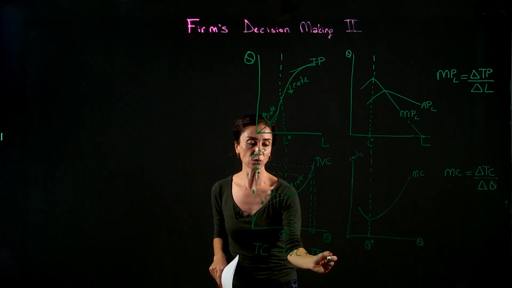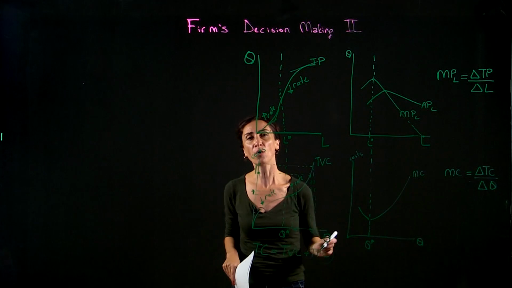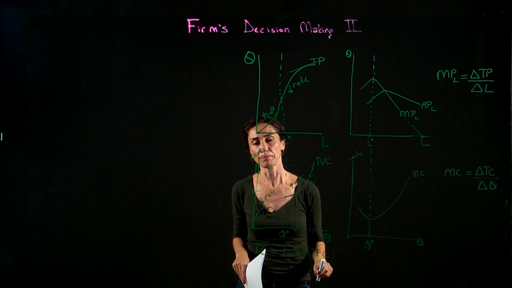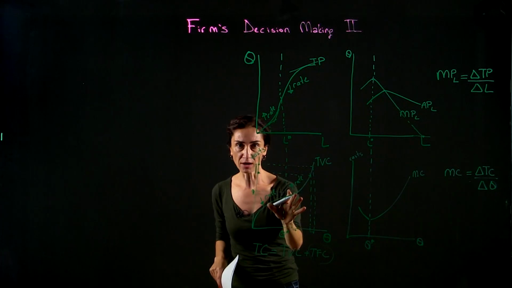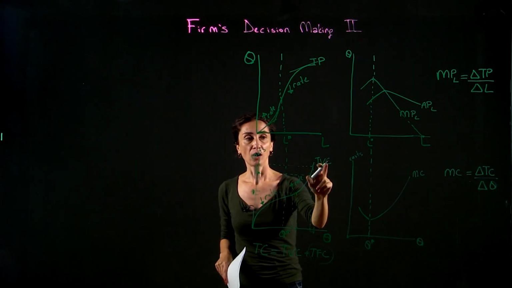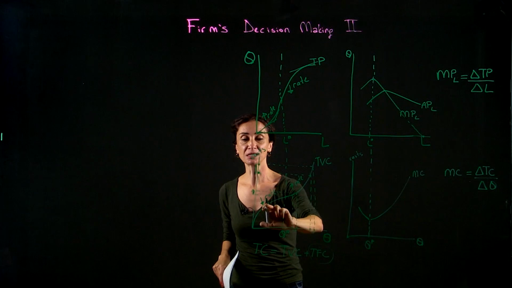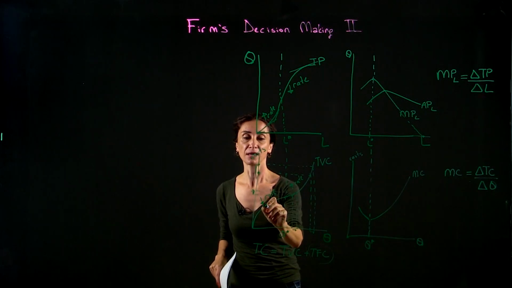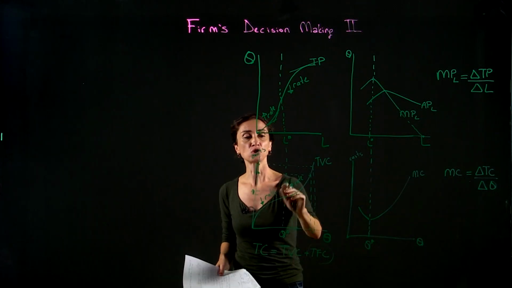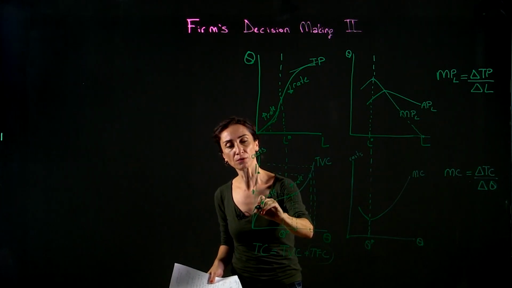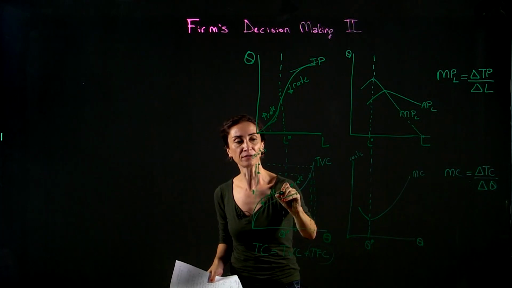Total fixed cost is the cost of the fixed input, right? So when I want to show it on this graph, I will add to this number, whatever it is, the same amount, because capital cost me 10 TL, right? So I will draw another curve here.